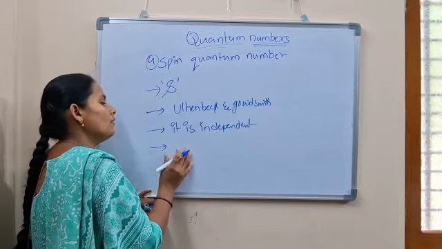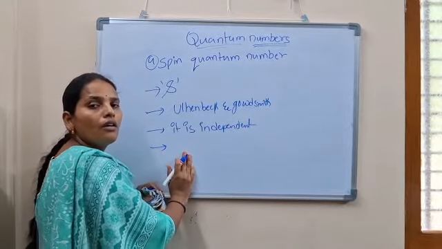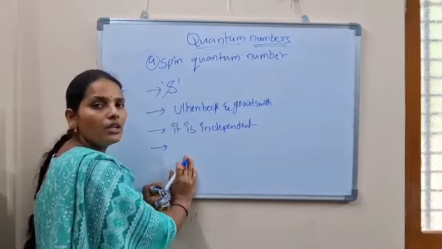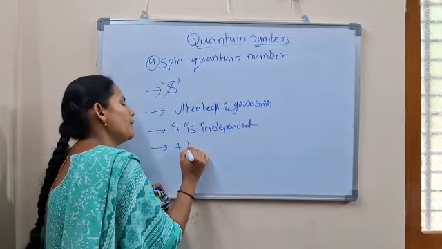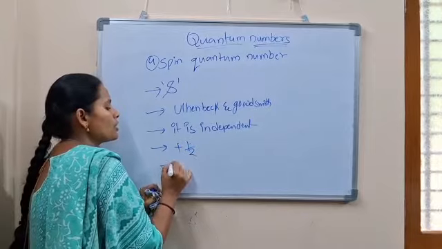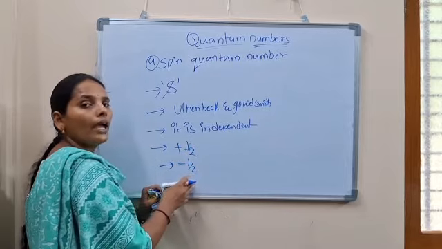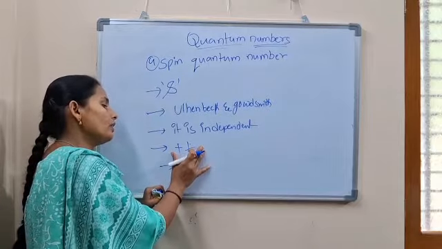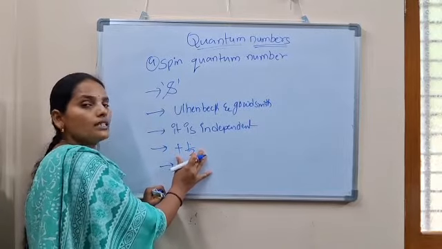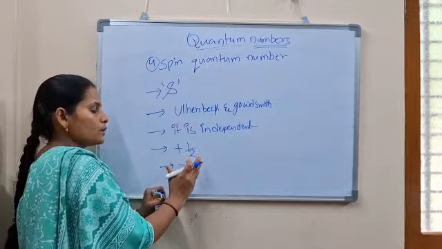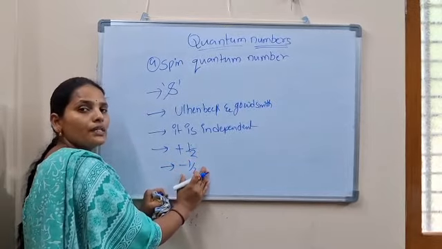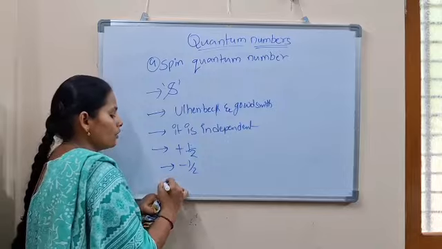The spin values are: for high spin it is plus half, for low spin it is minus half. Okay, the spin value is high, it is represented by plus half. The spin value is low, it is represented by minus half.